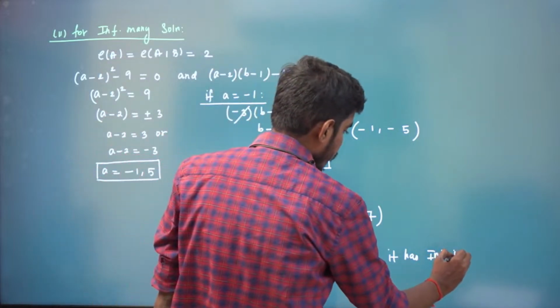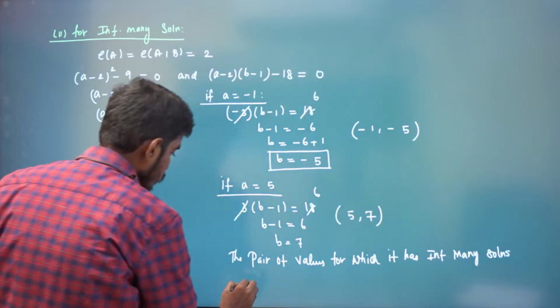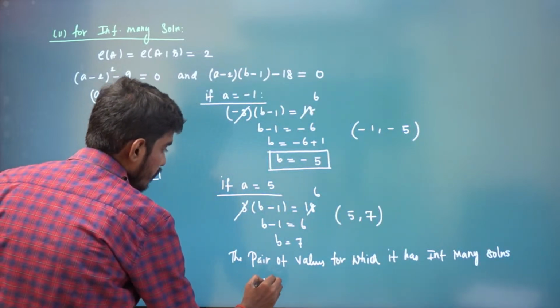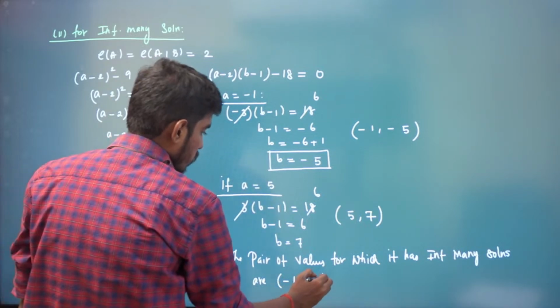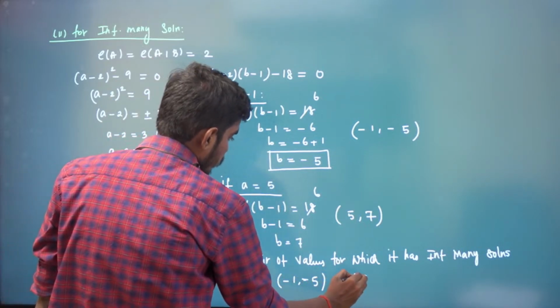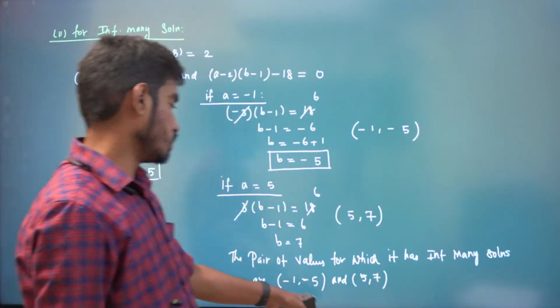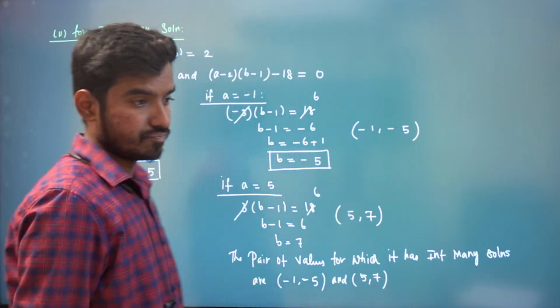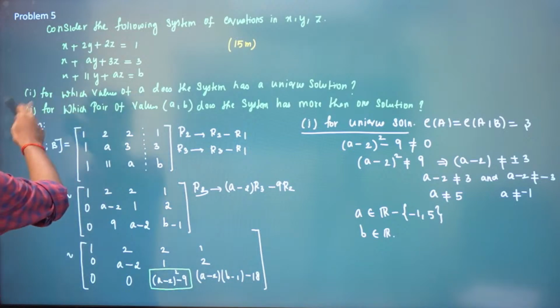More than one means infinitely many solutions. The pairs are given by minus 1 comma minus 5, and 5 comma plus 7, right? The first element corresponds to A, the second element corresponds to B. Is it clear? See, they haven't asked about no solution.